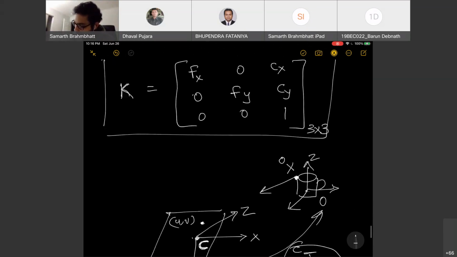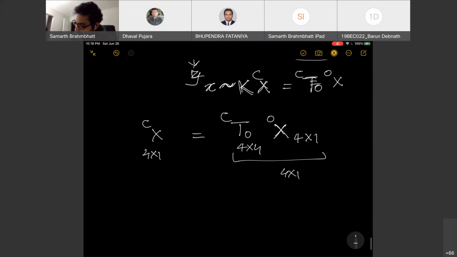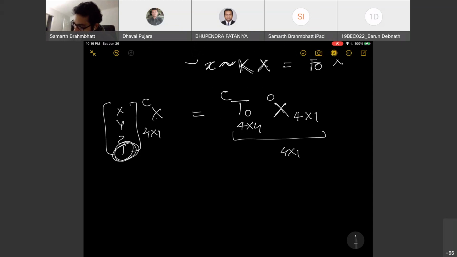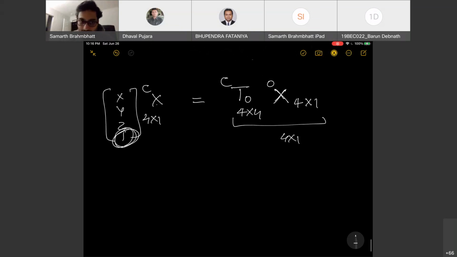So similarly, we can do that over here. When we get this point, it will be X, Y, Z, 1, so we can remove this 1. I'm not going to write it as a separate step, but I'm just going to write it like this.